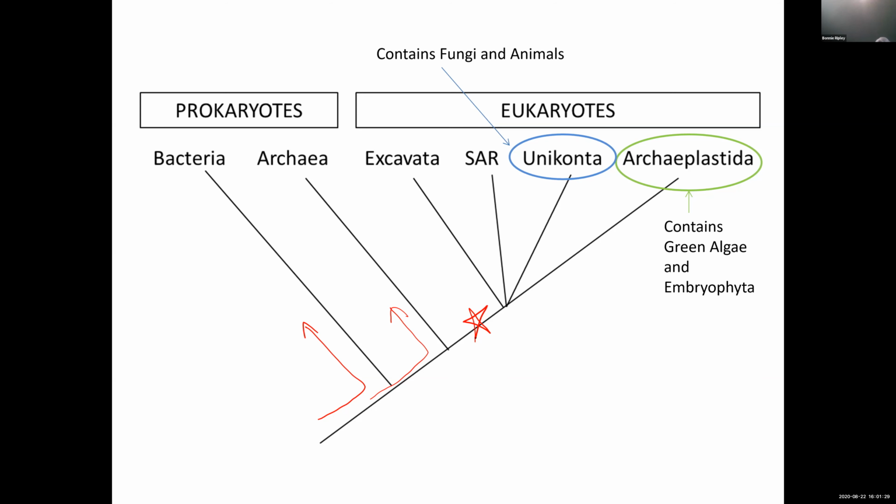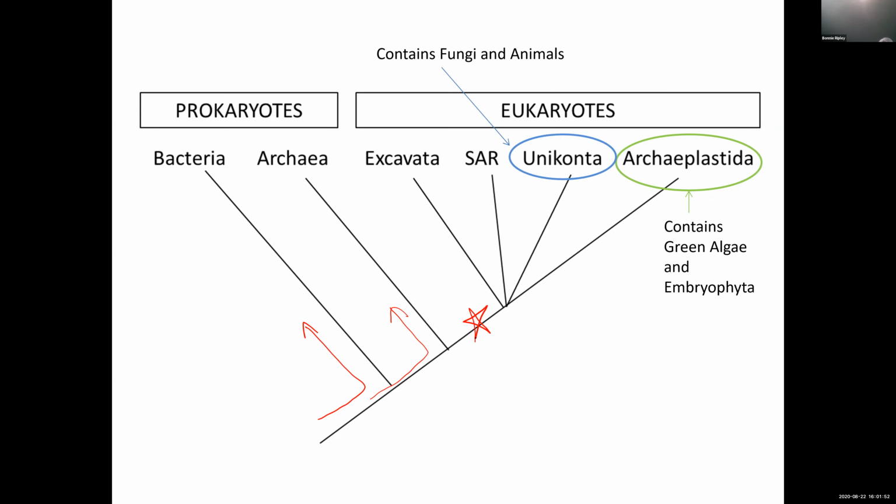So eukaryotes are now divided into these 4 main groups: the excavata or excavates. The clade called SAR is made up of 3 groups called the straminopiles, the alveolates, and the rhizaria. So it's sort of an acronym for those 3 groups. Then we have the uniconts, and the uniconts includes both fungi and animals.